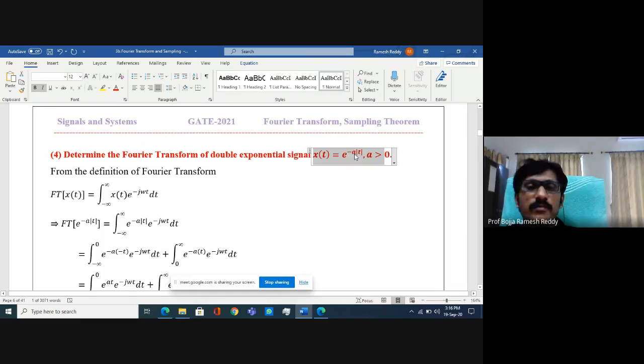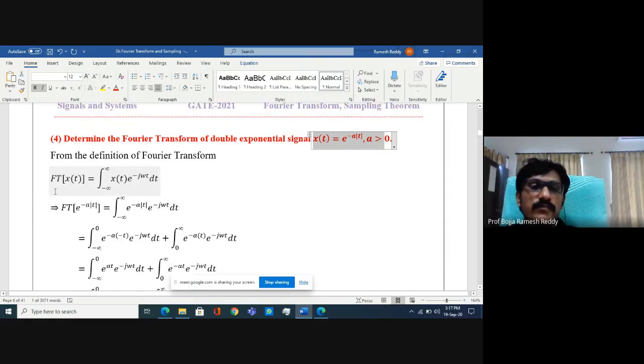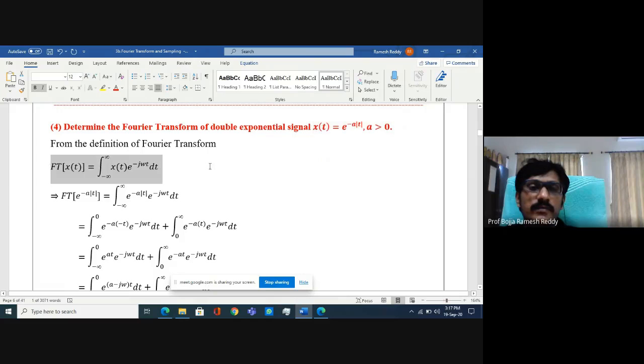See the Fourier transform definition and substitute e power minus a modulus of t as x of t. Modulus of t is plus t when t is positive, minus t when t is negative.